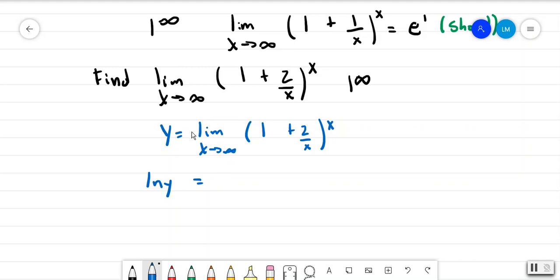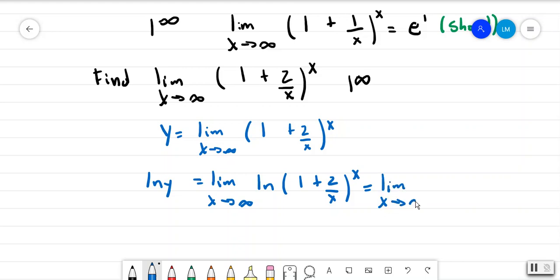Because I took the natural log, and because the limit operator can be interchanged, brought in or out, we're going to have the limit as x approaches infinity of natural log of (1 plus 2 over x) raised to the x, sorry. Now, notice that the x actually does count. It comes out. So we have x approaches infinity, and this is going to be x multiplied by natural log of 1 plus 2 over x.